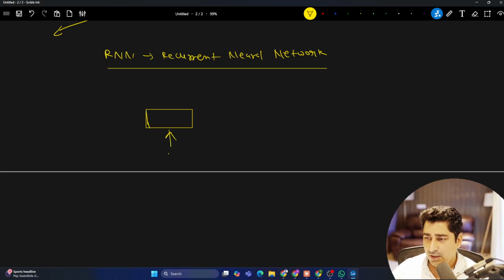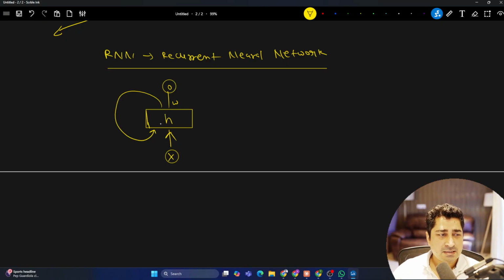I'm going to give an input, let's say x, and then I get an output, let's say O. We have a weight over here, and a hidden state over here, and it loops to itself, creating a circle. This kind of structure you will see in an RNN in general.